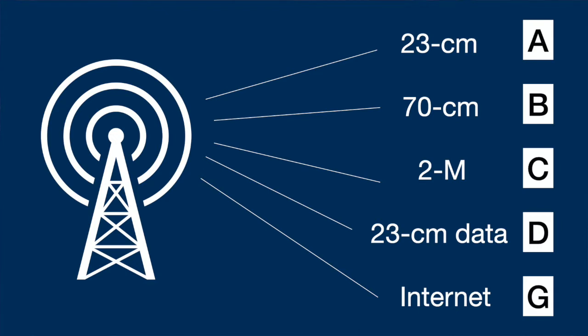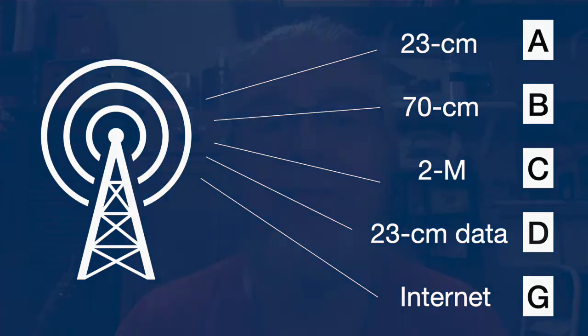Port C is assigned to the 2 meter band. Port D is assigned to the 23 centimeter band data only. And port G is assigned to an internet gateway. Port D is data only for the 23 centimeter band, a signal that is not converted to voice.